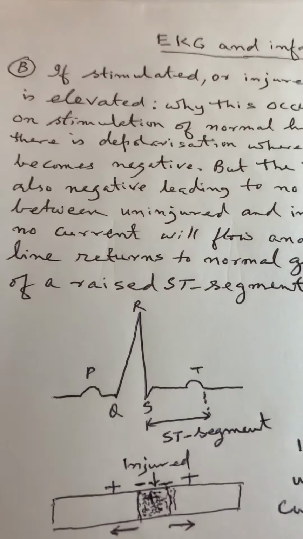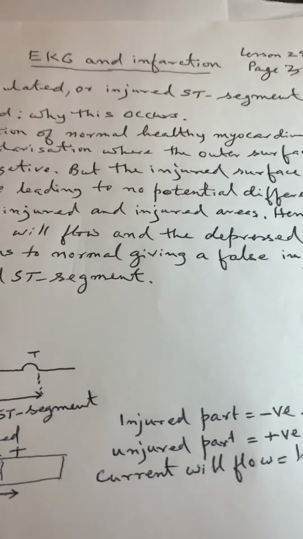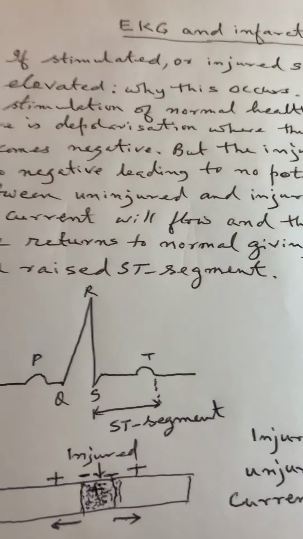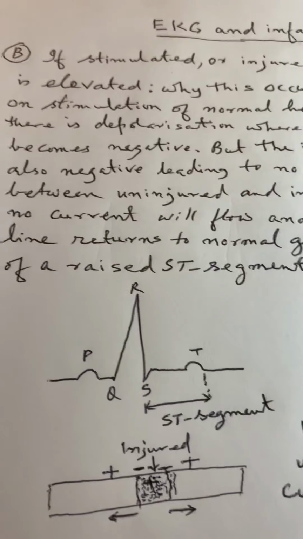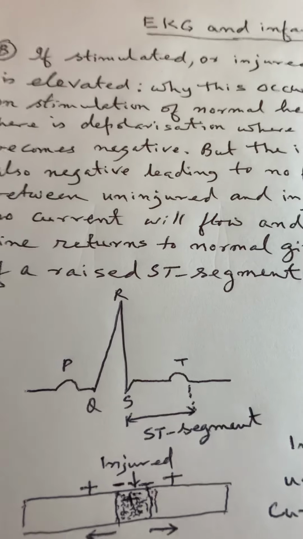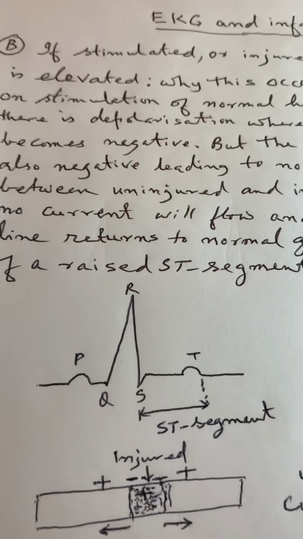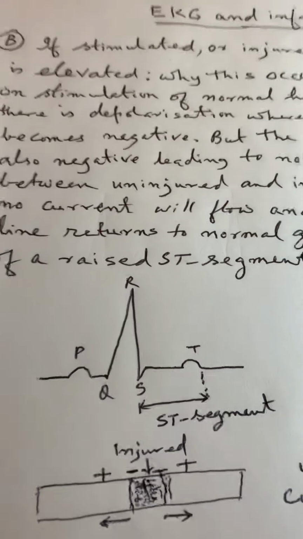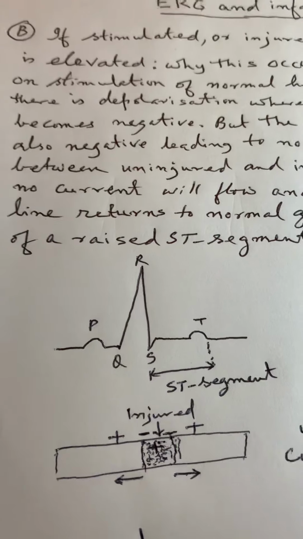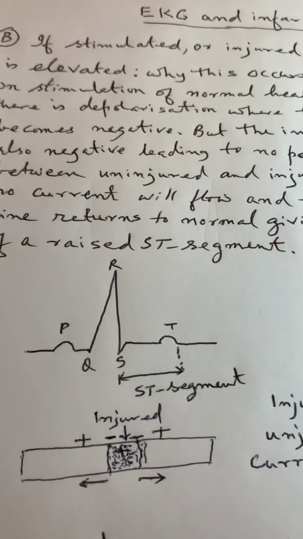In the normal person, the outside is positive and inside is negative. This is normal. When it is injured, the outer surface becomes negative. Even in partial depolarization, there is leakage, which causes negativity outside, positivity inside, and flow of current. This is known as injury potential.